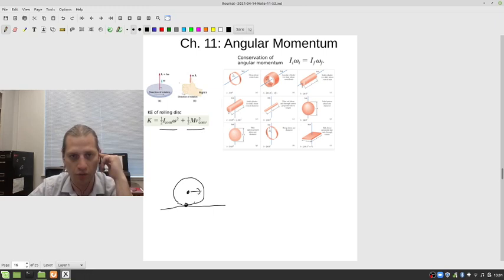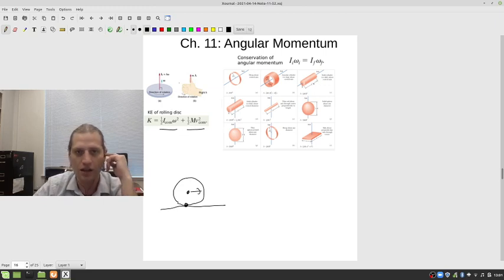So it's moving forward at some speed, and it's going around at some rate, and if you add those two together, you can get the total kinetic energy of the disk. And then the last one is the conservation of angular momentum, which is that if you have a changing moment of inertia, you can get a changing angular speed.